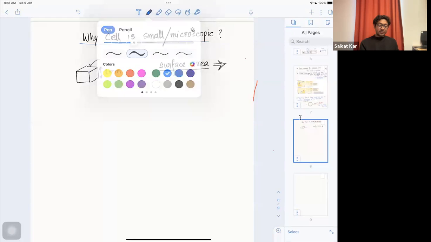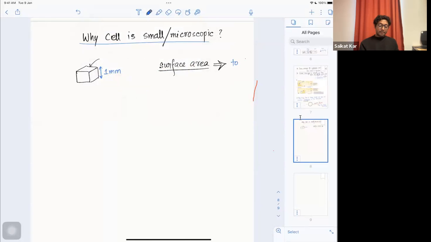Surface area is required to collect molecules from the environment, because the more the surface area is, the more molecules it can collect from the surrounding.